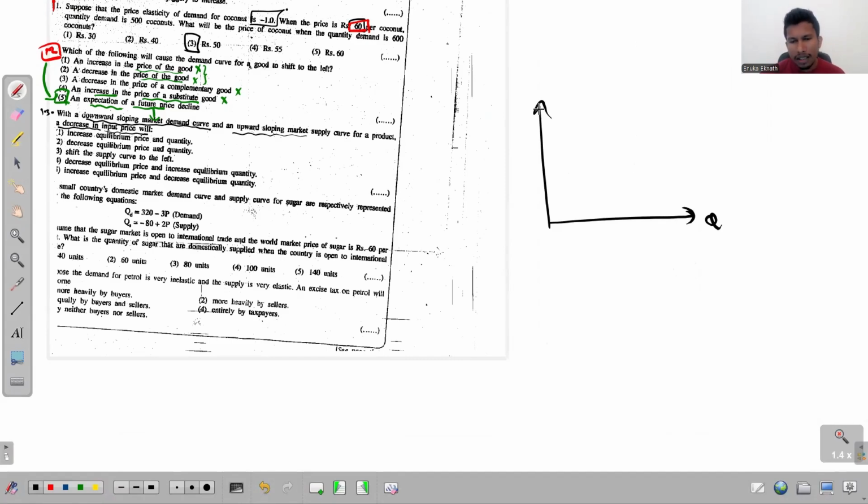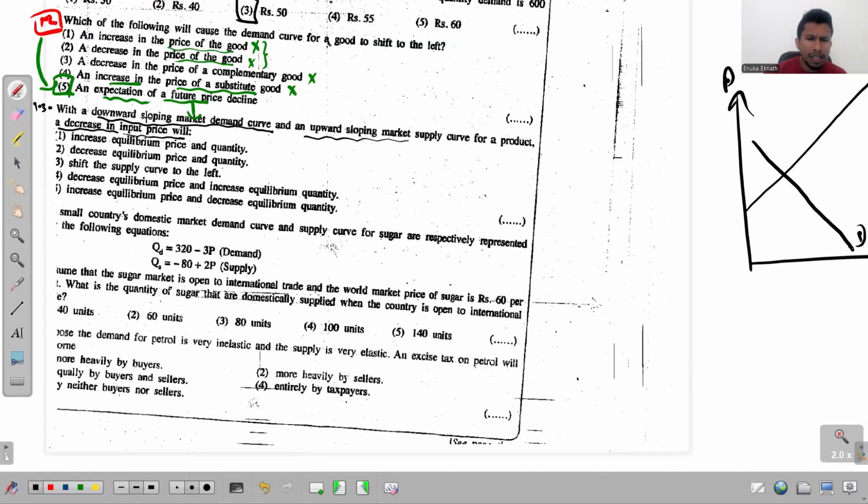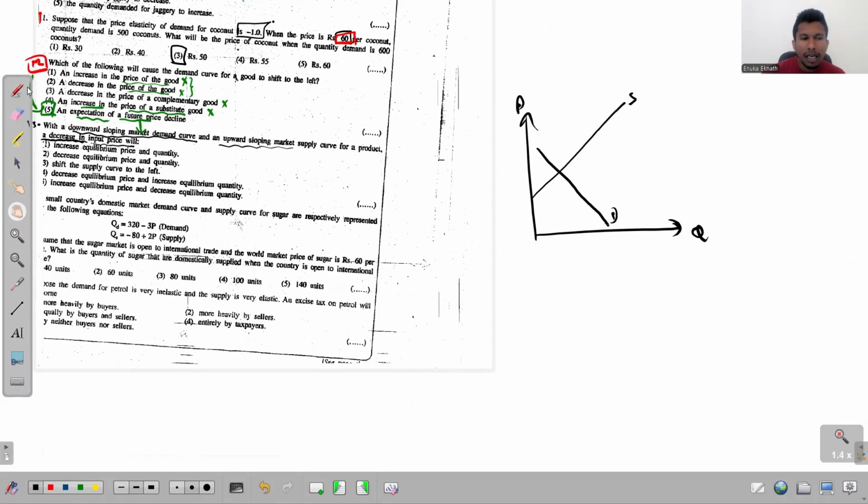We have the quantity axis, we have the price axis, we have a downward sloping demand curve and an upward sloping supply curve, right? Now what happens in this market? You experience a decrease in input price. Decrease in input price means decrease in cost of inputs.